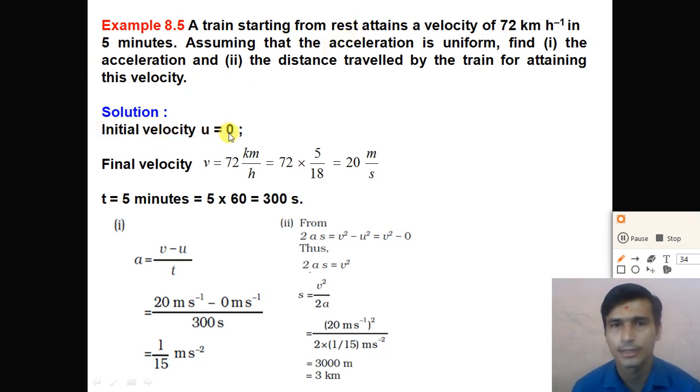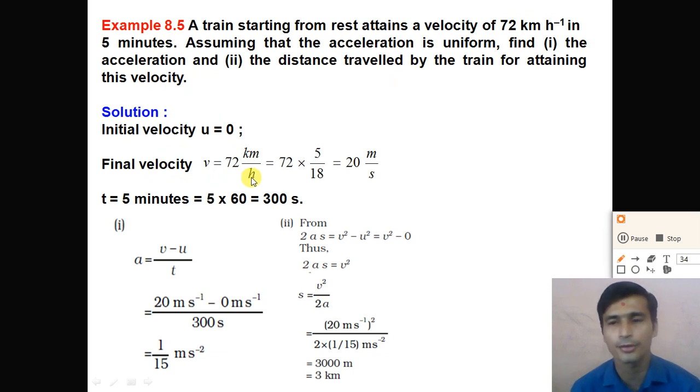The final velocity is given as 72 kilometer per hour, so v is equal to 72 kilometer per hour.